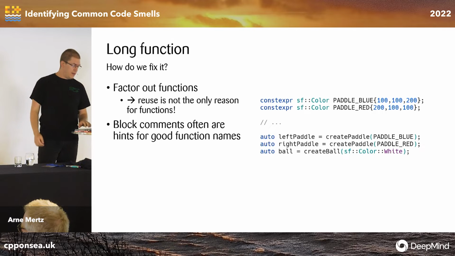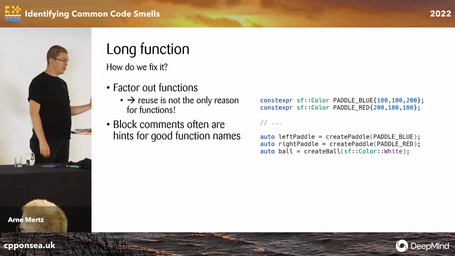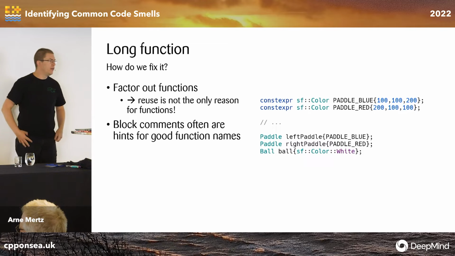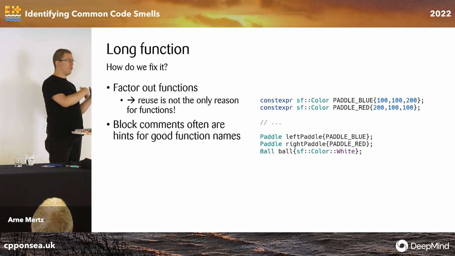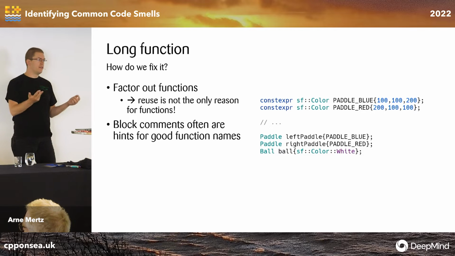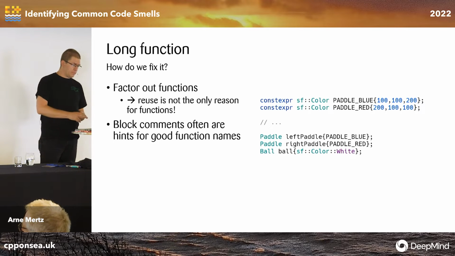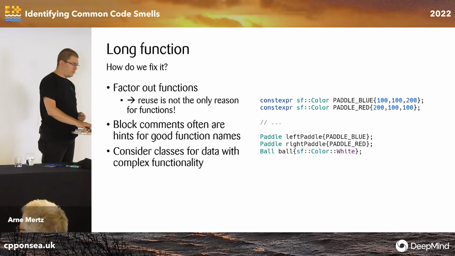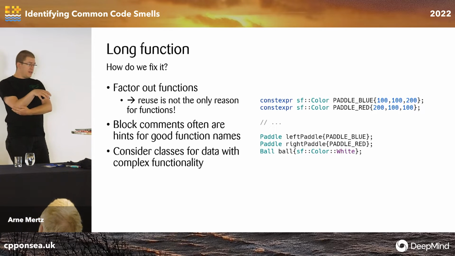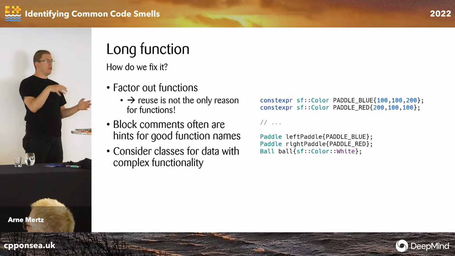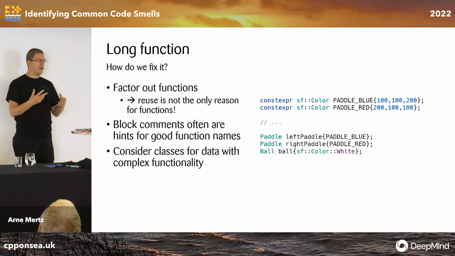So instead of having a rectangle shape and a circle shape, we might as well just create actual classes that are called pedal and ball for this application, and we initialize them with the colors. So especially when we have data and we have functionality that belongs to that data, it's only natural to actually bring this stuff together and make classes out of it, right?